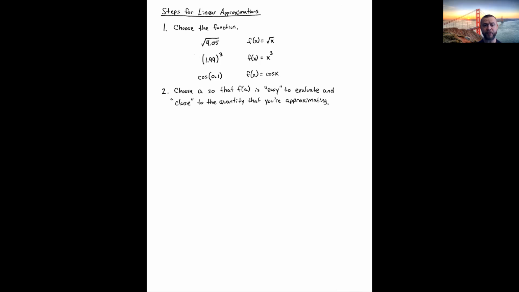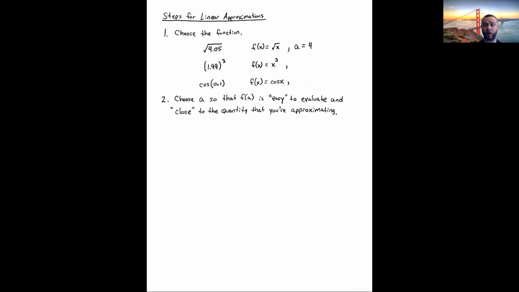All right, so think back to those 3 examples from step 1. With our functions f of x that we've determined, let's figure out an a value, an x value, that would be easy to evaluate in those functions. So for the first one, square root of x, we might think square root of 4 is easy to evaluate.